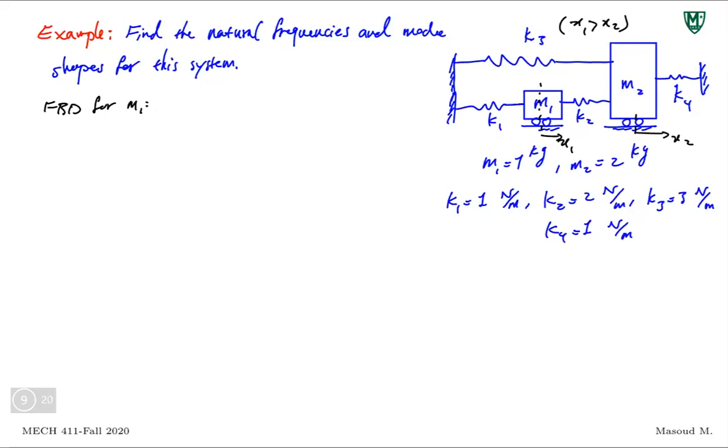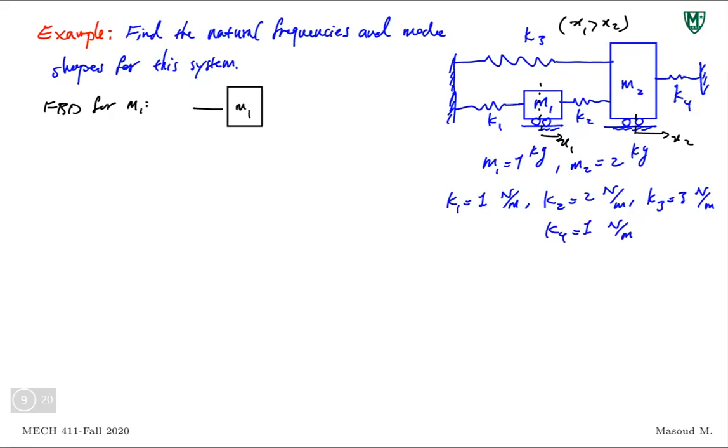M1 is going this way, and assume that M2 is fixed. K1 is trying to pull it back to where it was. I'll draw the free body diagram right here. This is M1. K1 is trying to take it this way, K1 X1.